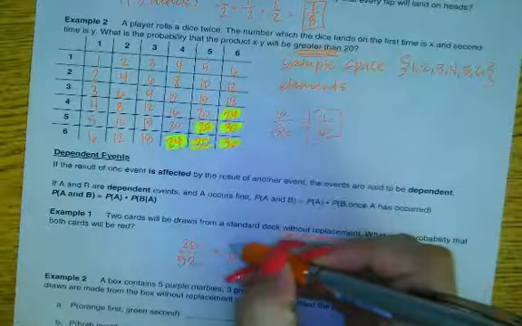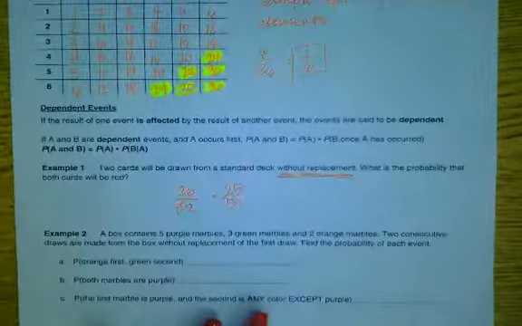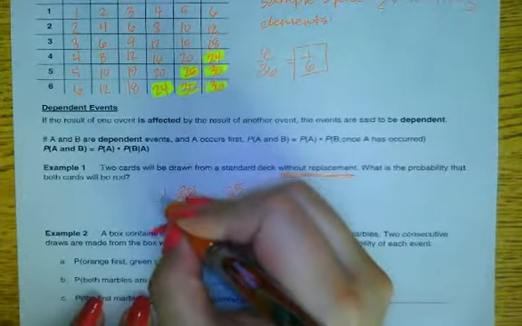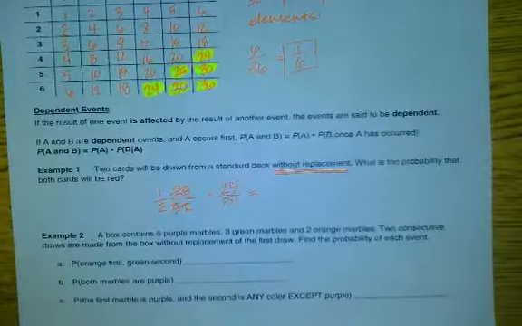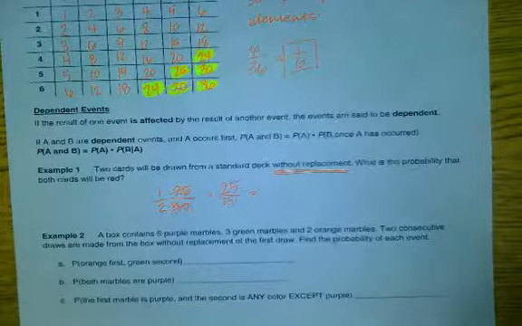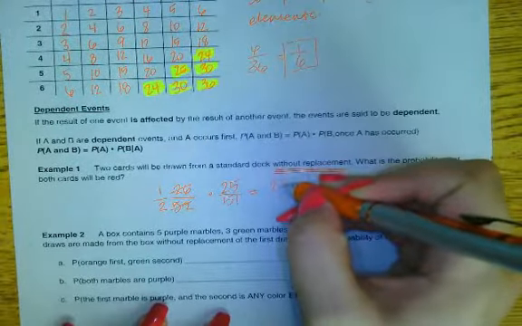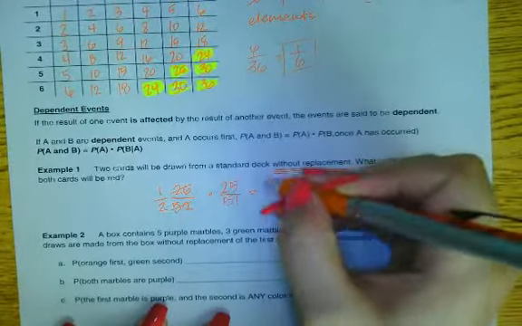So they each decrease by 1. So we know that this simplifies to 1/2. So what is the probability that you pick 2 red cards out of a deck? 25 over 102. Does that simplify anymore? Nope.